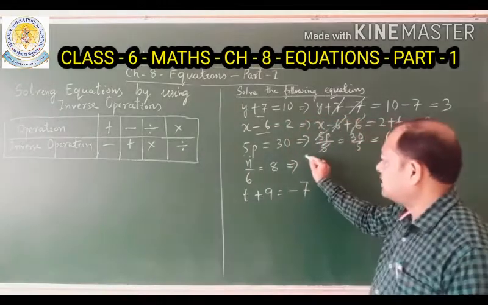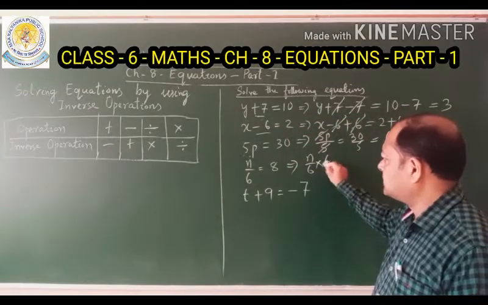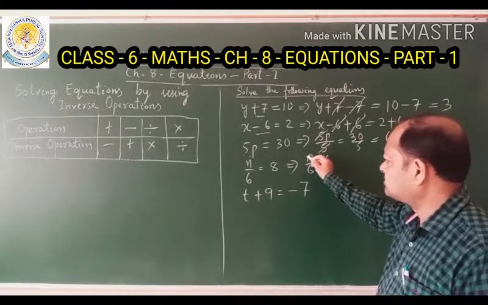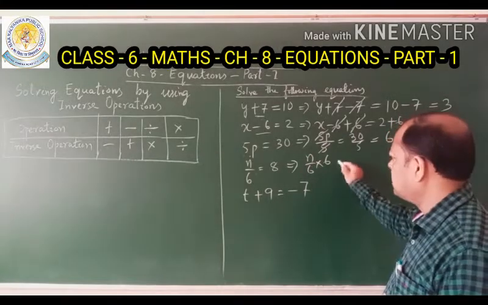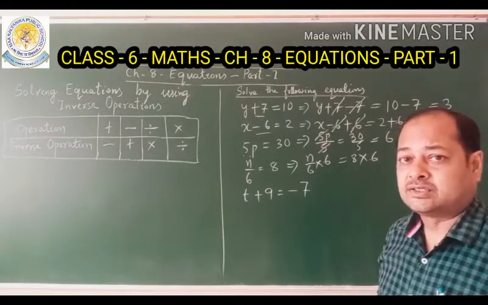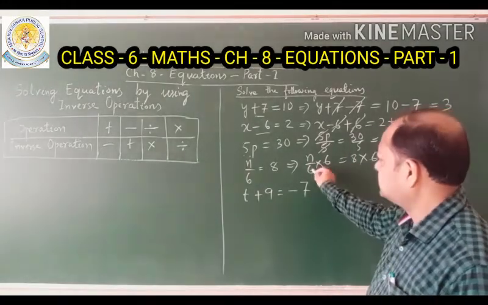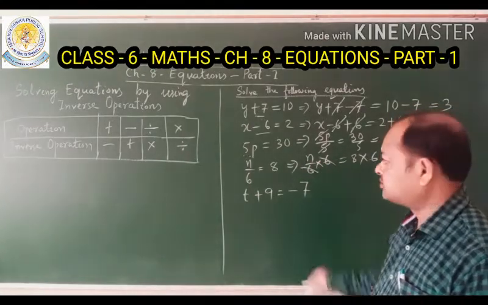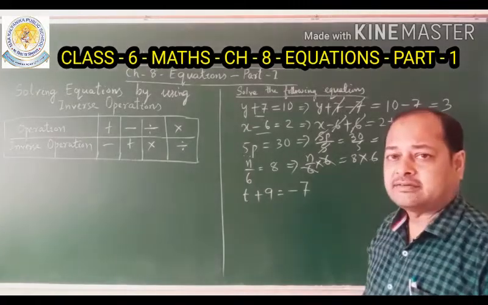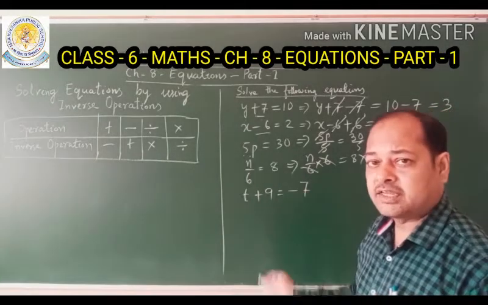So here we have to multiply by the same 6 on the left hand side. When 6 is multiplied on the left hand side, we have to multiply by 6 on the right hand side also. So we are getting here 6 cancel. So we are getting n equal to 8 sixes are 48. So the value is here 48.